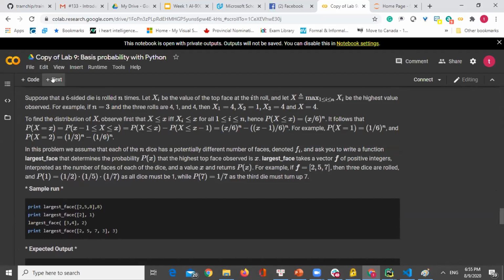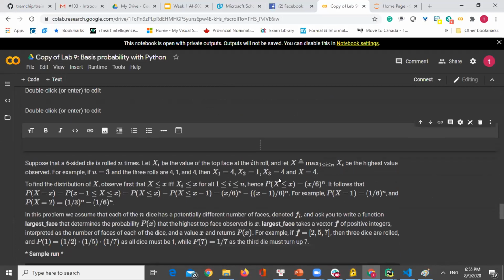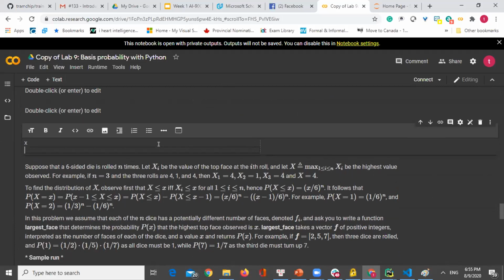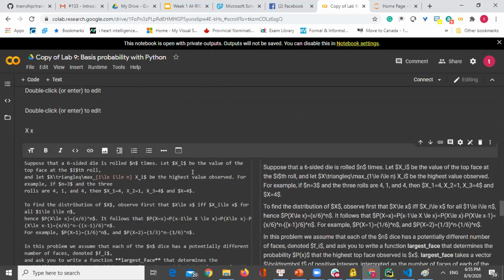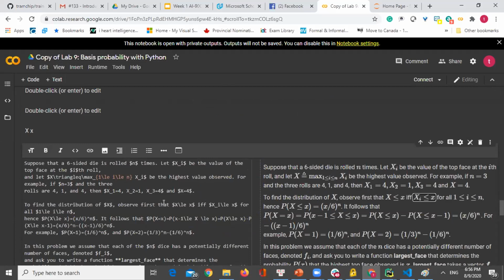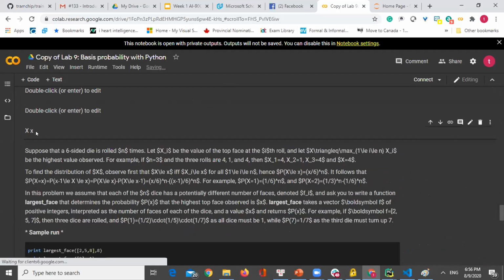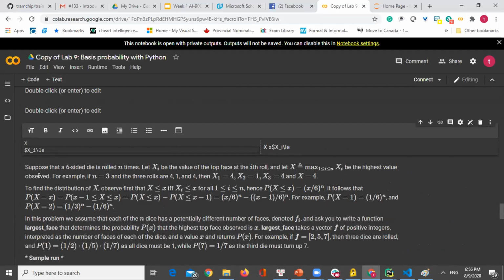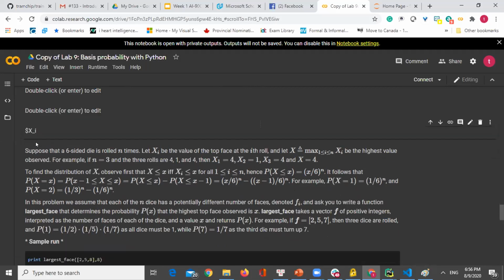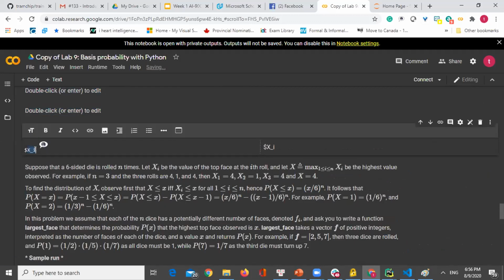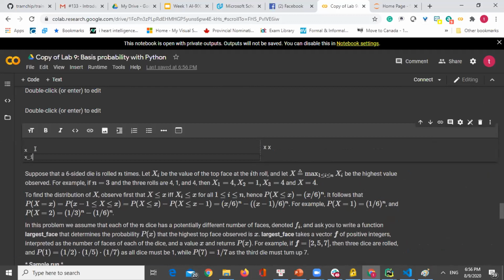Let's create a cell. I don't understand the difference between x1 and x max.